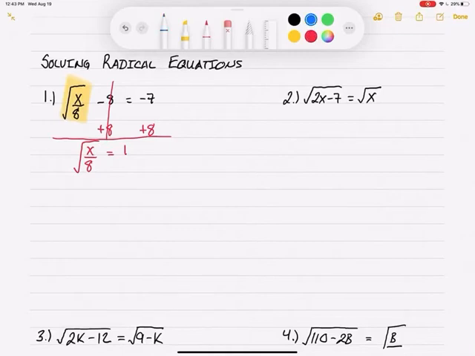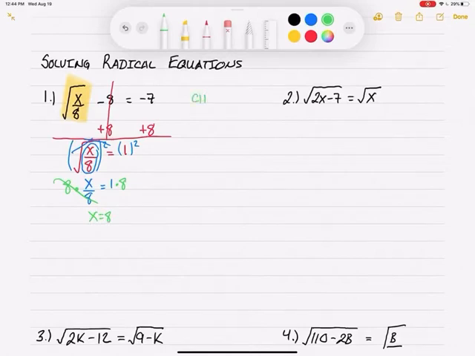To get rid of the radical, I would square both sides of the equation. The exponent and the radical are going to cancel each other out, and I'm going to keep what's inside. That's x divided by 8, and it equals 1. To solve, I would multiply both sides by 8. And I have x equals 8.